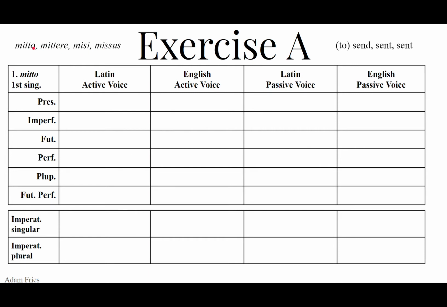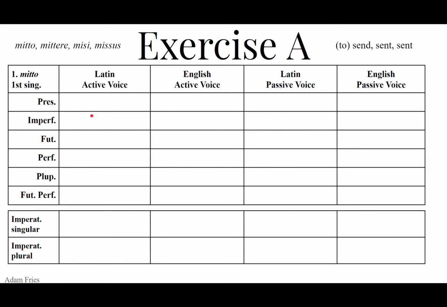This is a third conjugation. O, ere, i, us. So you take the present stem. For a third conjugation, you go to the first principal part and chop off the o. You get mitt, M-I-T-T. So write mitt for the imperfect and future, active and passive.